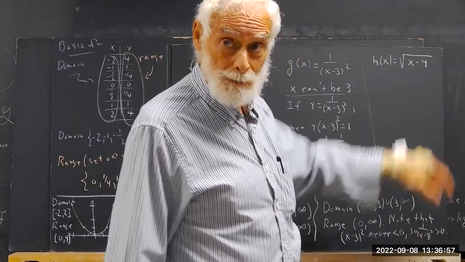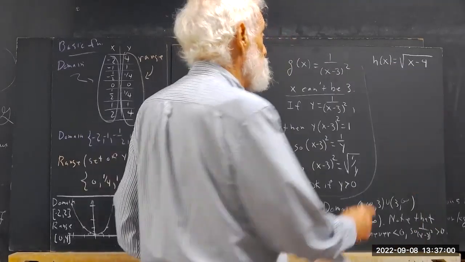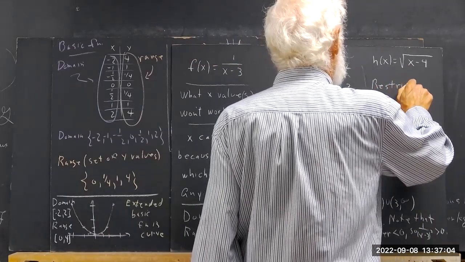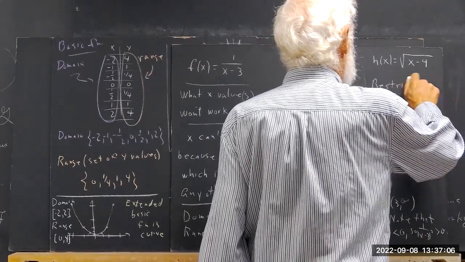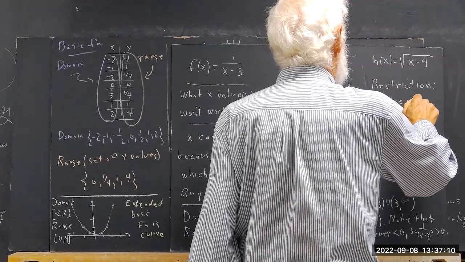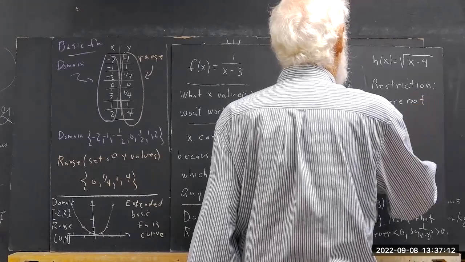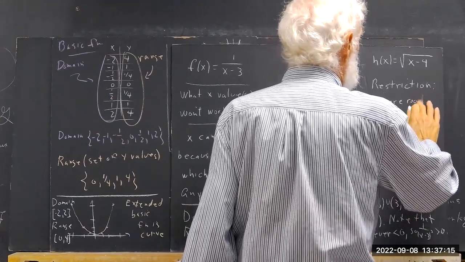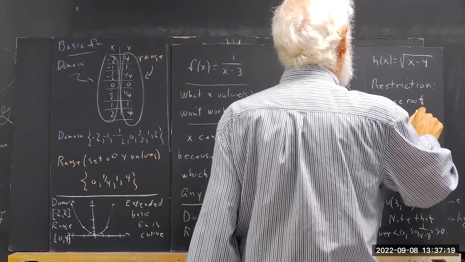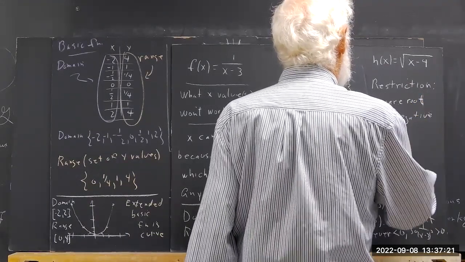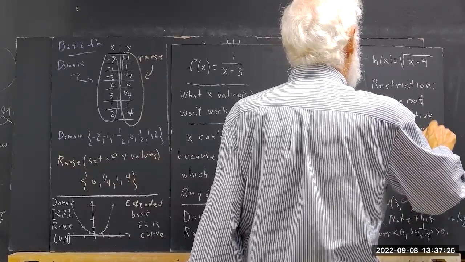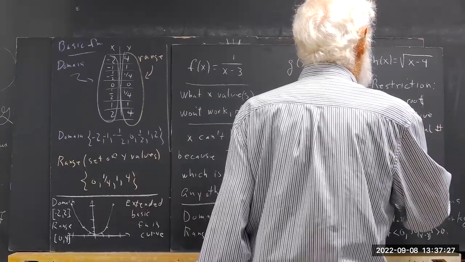Okay. Now, the one thing you can't get, and somebody observed this, is you can't get a negative number out of it. Okay. So your restriction: the square root of a negative isn't a real number.